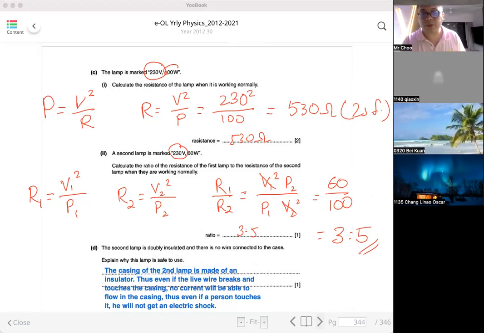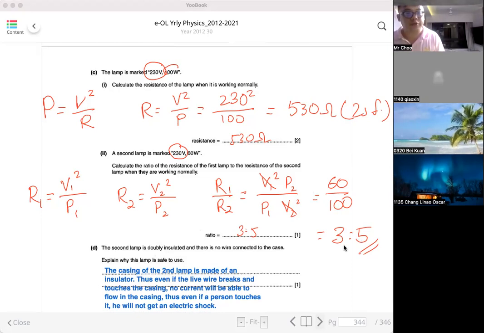Okay, Peiguan, you must mention that the casing is not made of metal, it's made of an insulator. And Oscar, your part 2 is not correct. It is not 53:88. Can you redo? Okay, if you cancel off the V1 and V2, you should get 3:5.